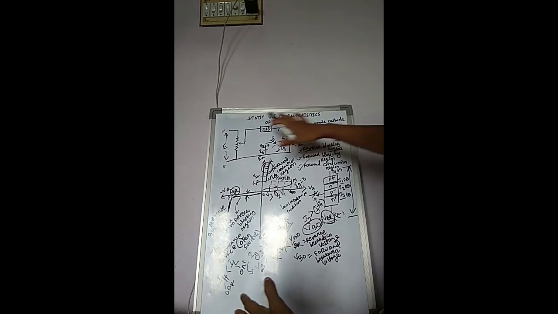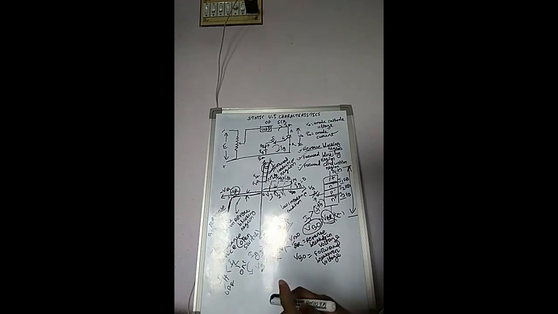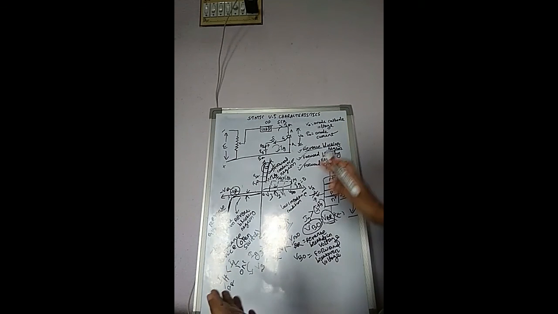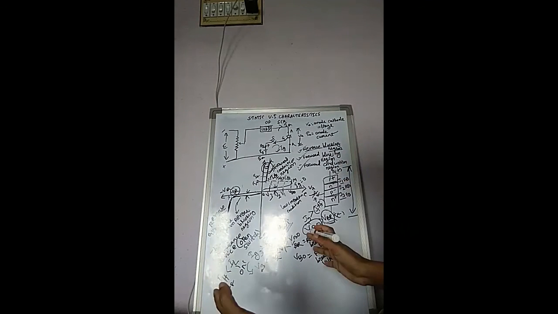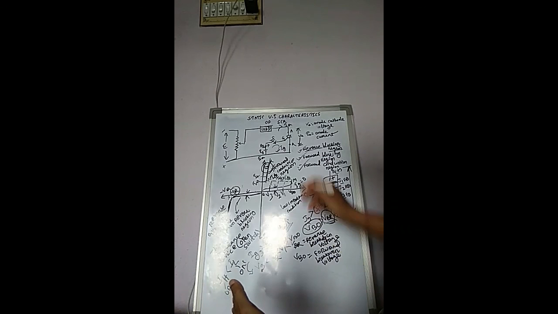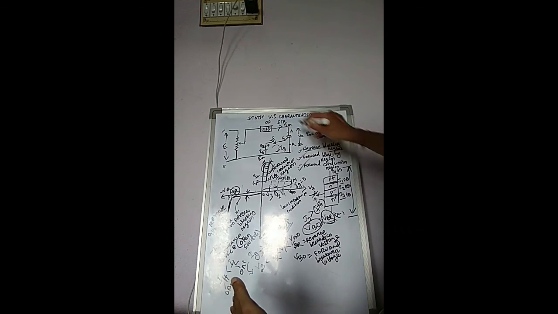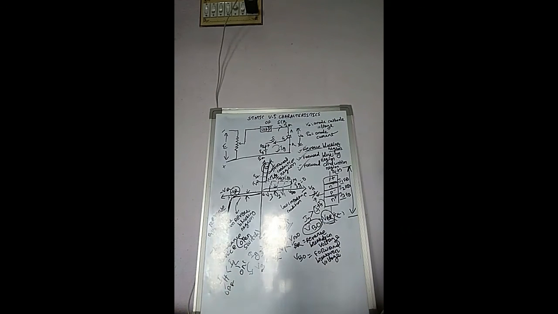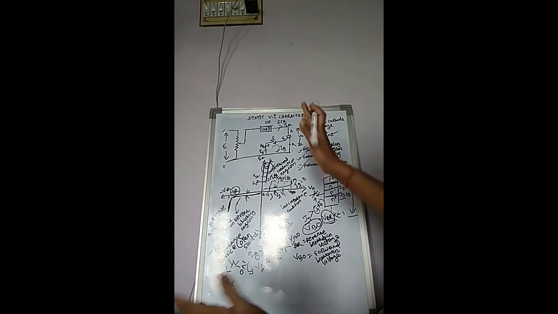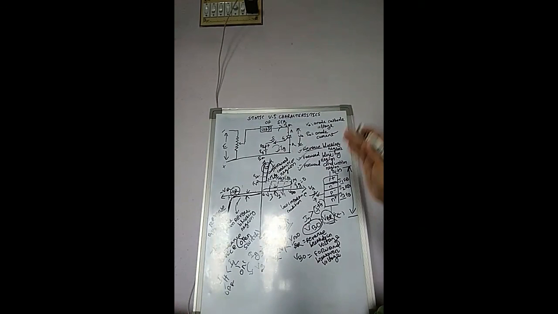From this discussion it is clear that the more convenient, reliable and efficient method to turn on the SCR is the gate drive or gate triggering method. Gate triggering method means gate signal application method.